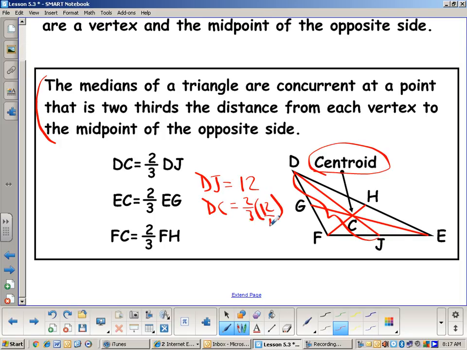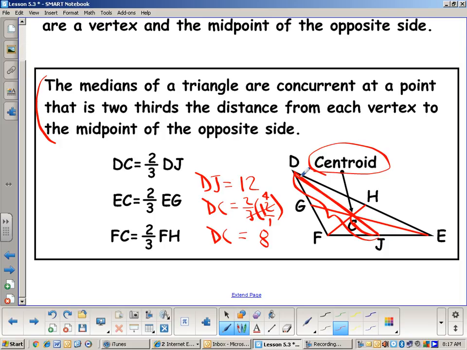And 2/3 of 12 is 8. That's correct, it's 8. 3 goes into 12 4 times. 2 times 4 is 8. So DC is 8. How long is CJ going to be then? 4, because 8 plus 4 is 12, which was the distance we said the original median was.